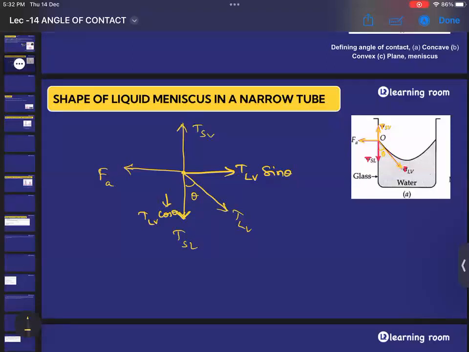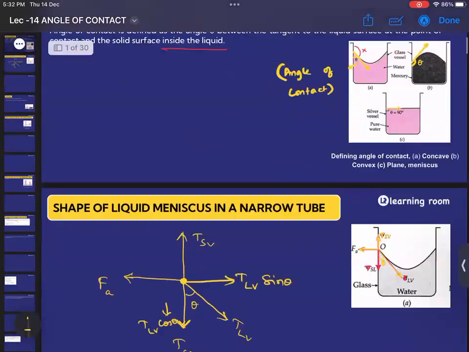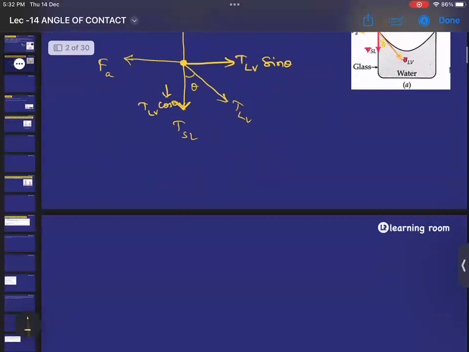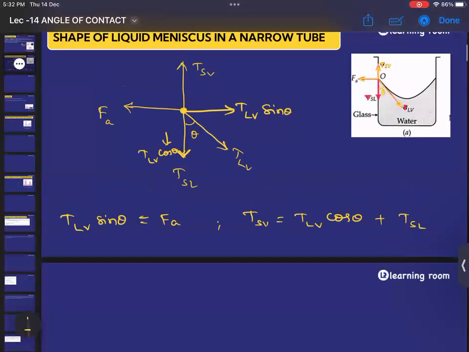Since this water droplet, that point O, is at equilibrium, can I say that TLV sin theta is equal to FA and TSV is equal to TLV cos theta plus TSL? See, TSV is acting upwards. TSV is equal to the downward forces, TLV cos theta plus TSL.